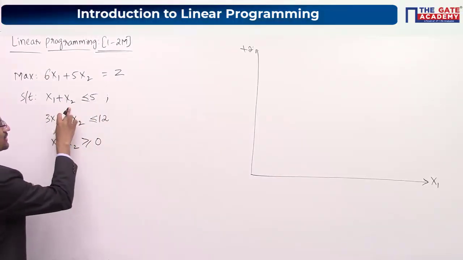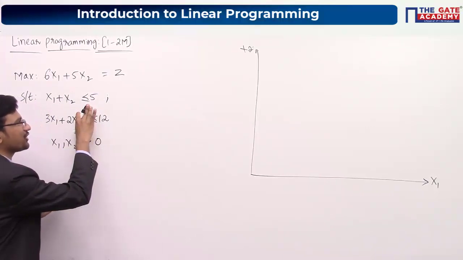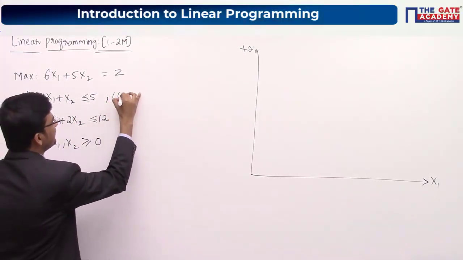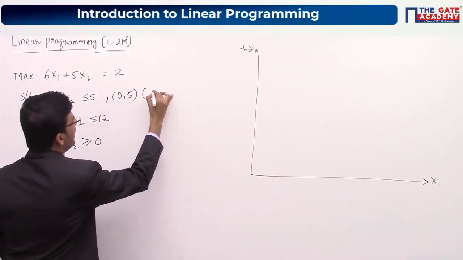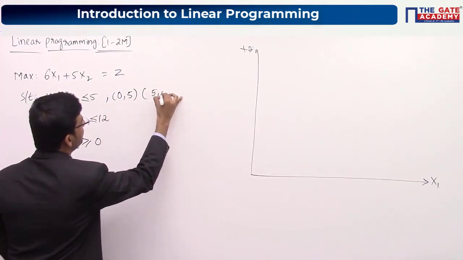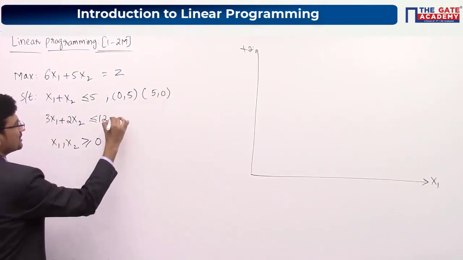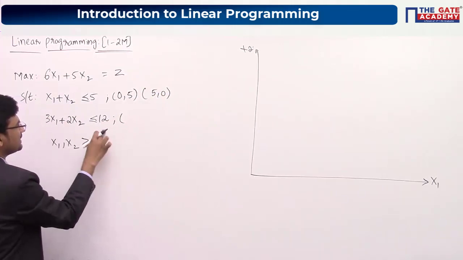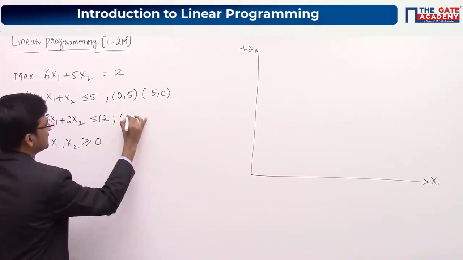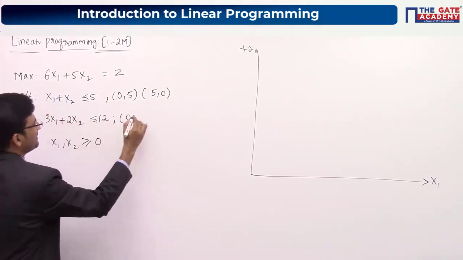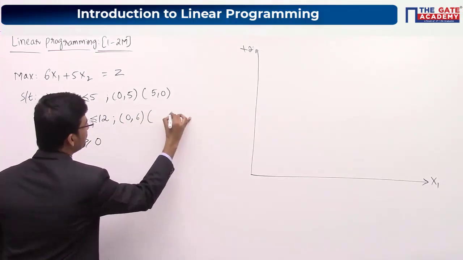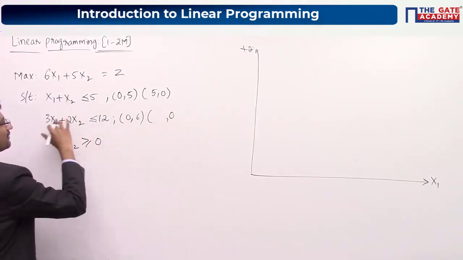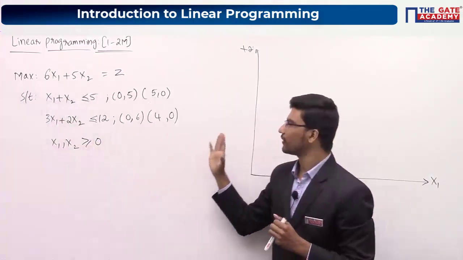So x1 plus x2 is equal to 5 is a straight line equation. Putting x1 equal to 0, x2 will be 5, and putting x2 equal to 0, x1 will be 5. Similarly, find the points for the second constraint: put x1 equal to 0, your x2 will be 6, and put x2 equal to 0, your x1 will be 4. I hope this is clear for you.